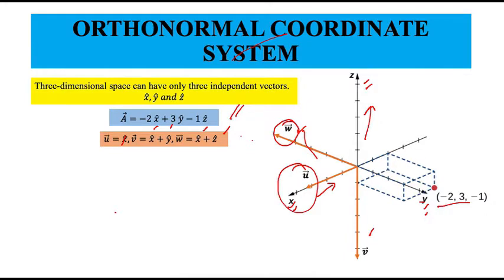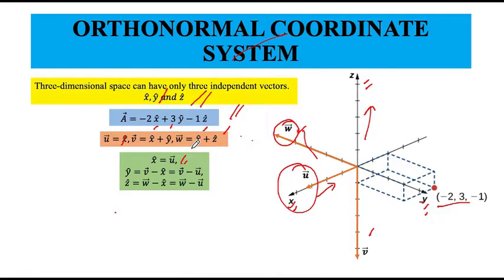How will I do it? I try to figure out these three vectors: the unit vector along x, the unit vector along y and the unit vector along z. What are they? So x is equal to the u vector itself.